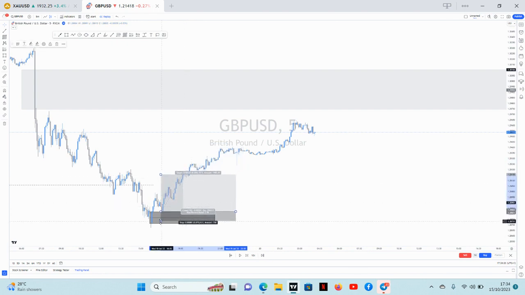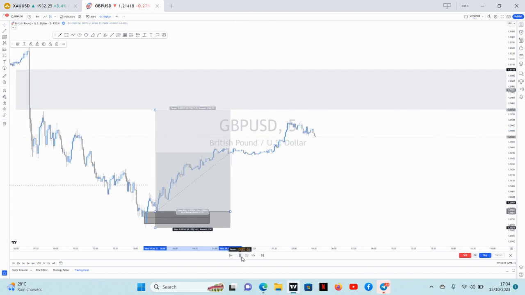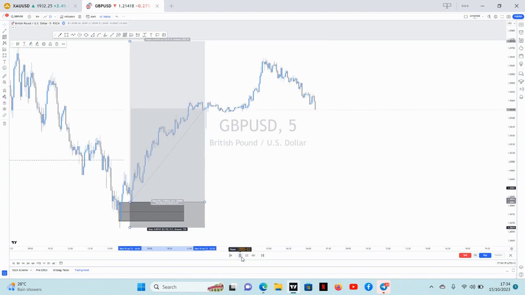Your entry here, stop loss at this low, that would be a 14 pip stop loss, and then go for this high. Maybe this fair value gap right here. That would be a 1 to 6. Let's see if it hits.